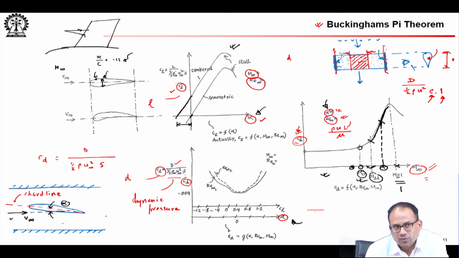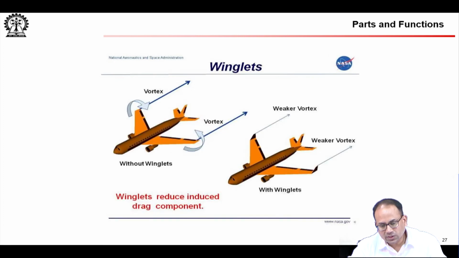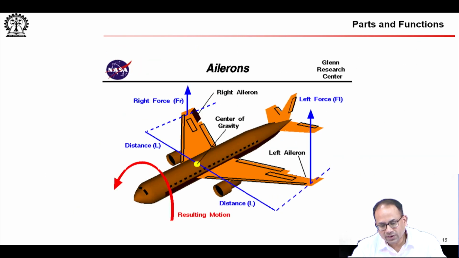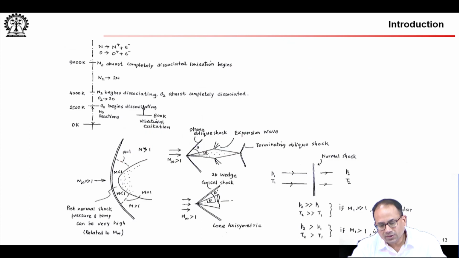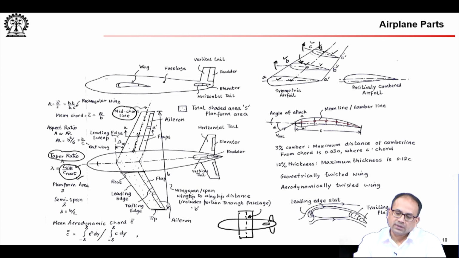Now, if you have one chord with a negative alpha of so much for 0 CL, and another chord with another negative alpha characteristic, then you say the wing is aerodynamically twisted. Okay. Your chords may be in the same plane, so it is not geometrically twisted, but these cross sections have different airfoil shapes, because of which you have different alpha at which you have 0 CL. Okay. So, that is known as aerodynamically twisted.